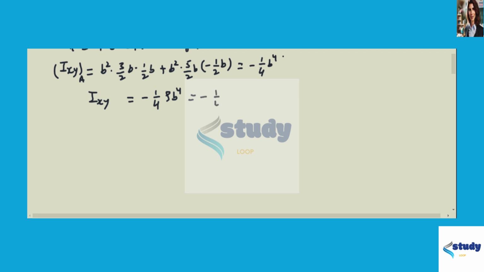Substitute the value. Density is 0.1118, b is 0.5 to the power 4. On solving it, this value will be minus 3.4938 slugs feet square.